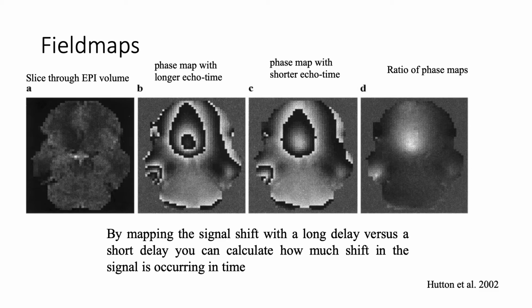One way to do that is using field maps. I don't know if anyone's been part of scanning and collected field maps. What you try to do is collect some scans that account for some of the phase shifts, and hopefully you can see where there are differences in the signal, and basically recreate that and find sources of where the signal is dropping out.